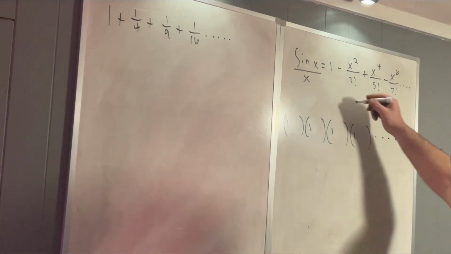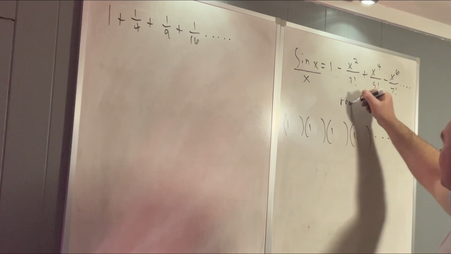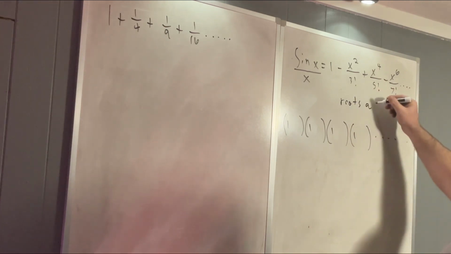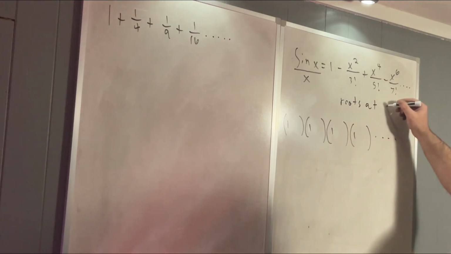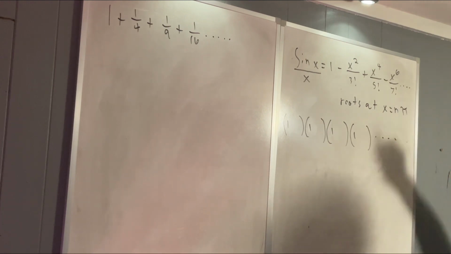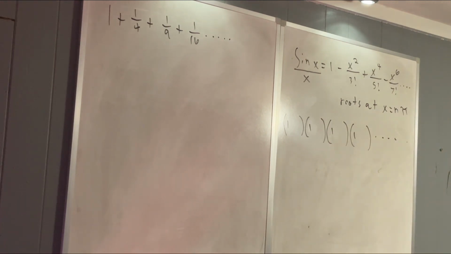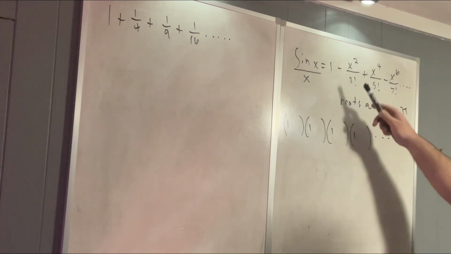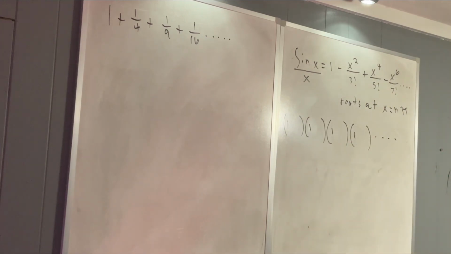Now, how do we show these roots? Remember, we have roots at x equal to n pi. That basically means if we plug in the root for x, we have to get 0.